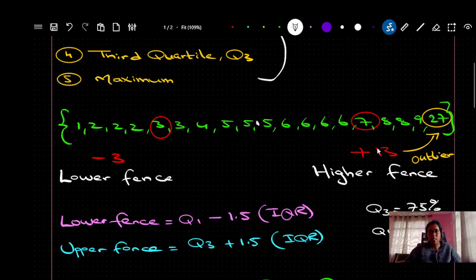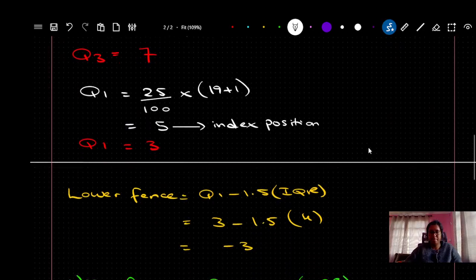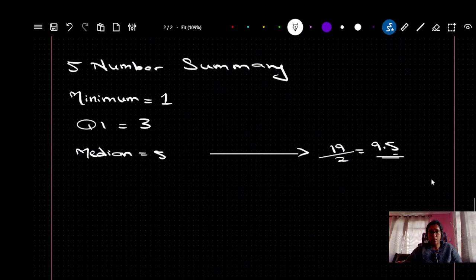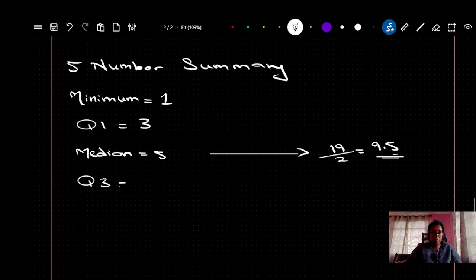Okay, so this is the median. You add these two, 5 plus 5 divided by 2 is 5. So the median is actually 5. Here also it's a lot about the position to calculate the median. Then we have our Q3, which is 7.